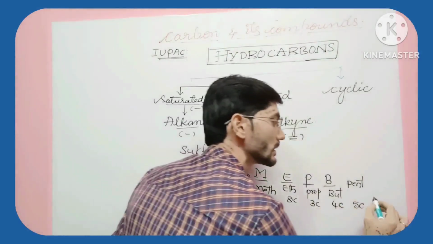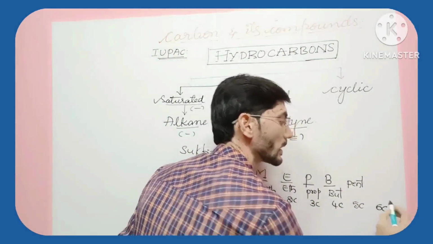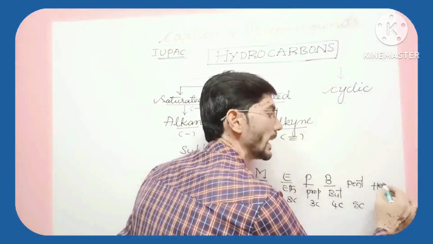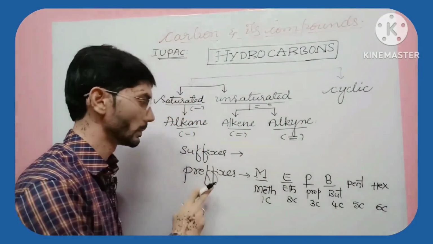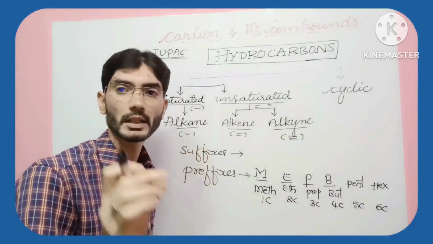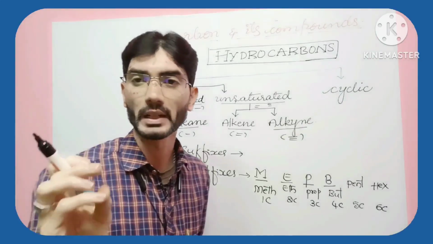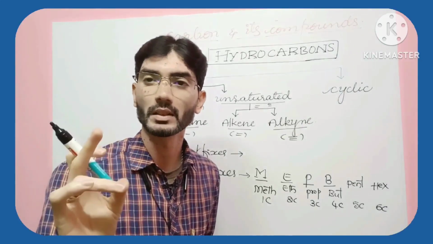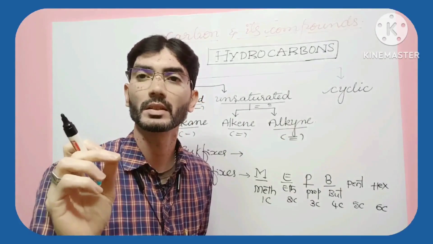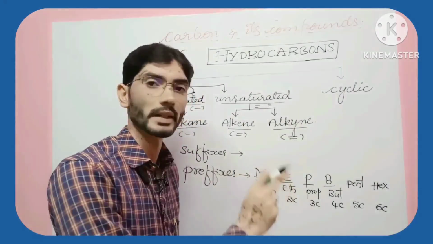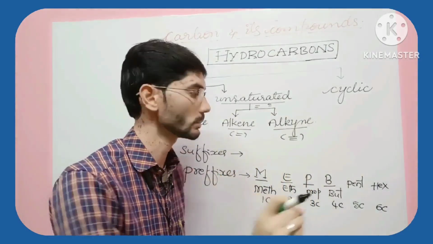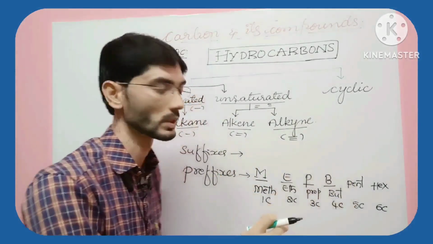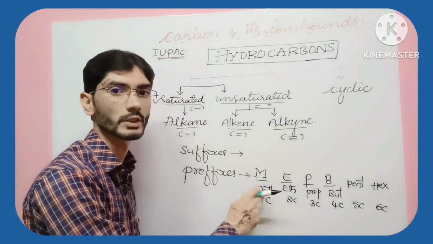And now 6 carbon atoms is hex. Now we remember the prefixes: monkey ate peeled banana. Meth, 1 carbon atom. Eth, 2 carbon atoms. Prop, 3 carbon atoms. But, 4 carbon atoms. Pent, 5 carbon atoms. Hex, 6 carbon atoms. These are the prefixes which you need to use.